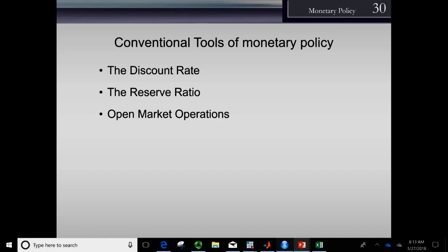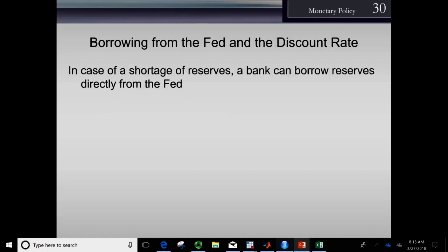In fact, we learned in a previous video that the primary policy making body of the Federal Reserve System is called the Open Market Operations Committee. And that just signifies that this is really the most important of the three conventional monetary policy tools.